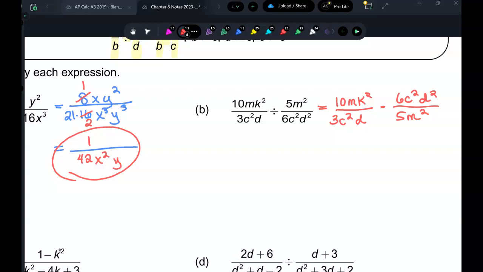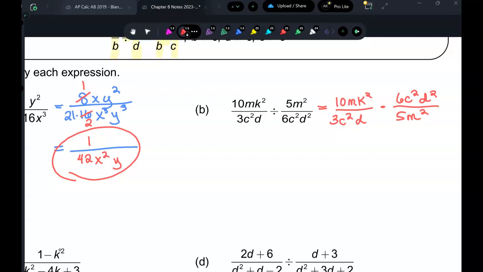Like the 5 goes into the 10. Yeah. So if you want to skip the step of multiplying everything out and just start canceling and then multiplying, it just depends on what's easier for you, because sometimes it's hard when all the variables are mixed together. But I'm fine if you do it all in one step. Do we have a preference?